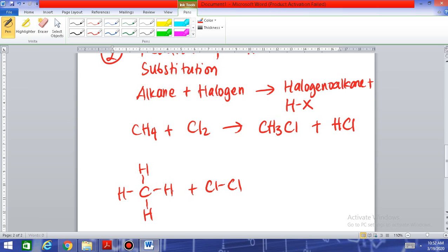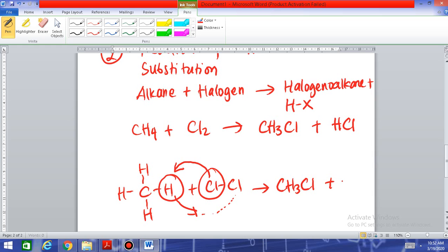Okay, in this case, one hydrogen atom from alkane is removed. It's replaced by one halogen atom from here. That's why CH3Cl is produced, chloromethane is produced, and the hydrogen atom removed combined together with the other chlorine atom to produce hydrochloric acid.